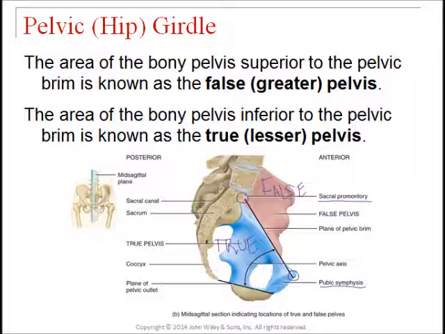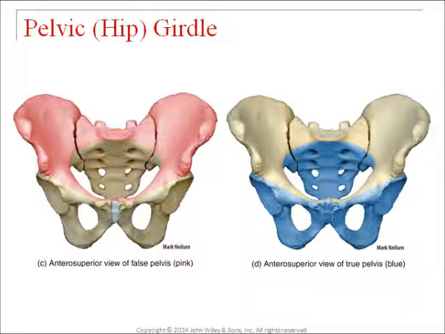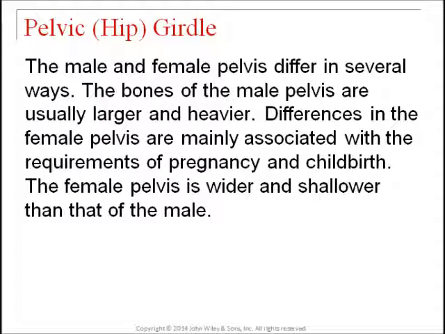If we drew a line between that sacral promontory and the pubic symphysis, we'd create that superior and inferior division of the pelvis. The superior portion above the pelvic brim is called the false or greater pelvis, shown in red. In blue, we have the true or lesser pelvis, which is the area of bony pelvis that is inferior to the pelvic brim.